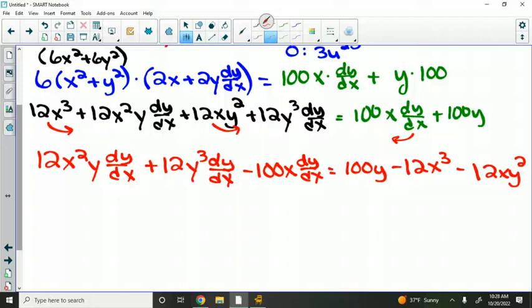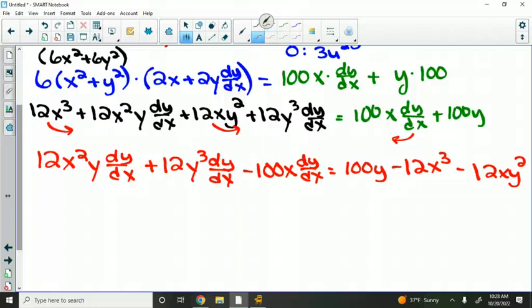Okay, I'm gonna do 2 steps in one. And if you're not okay, I'll go back. But instead of doing another step where I factor everything out and then I divide, I'm gonna just divide by all this stuff from the dy dx part.